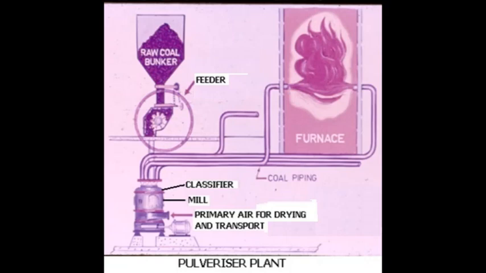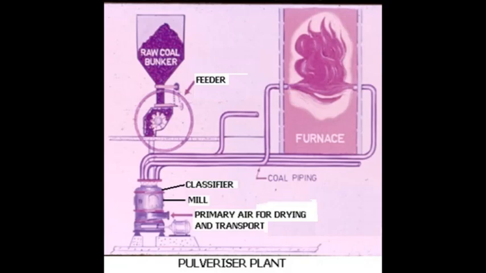In the mill, we are grinding the coal just like fine talcum powder, and this pulverized coal is transported by hot air through a coal carrier pipe to the burners.